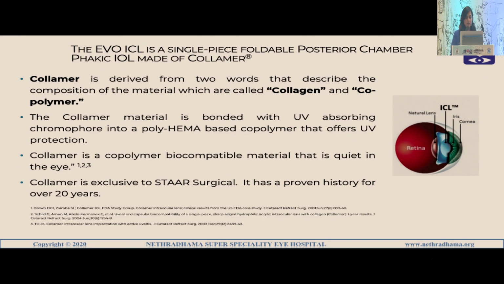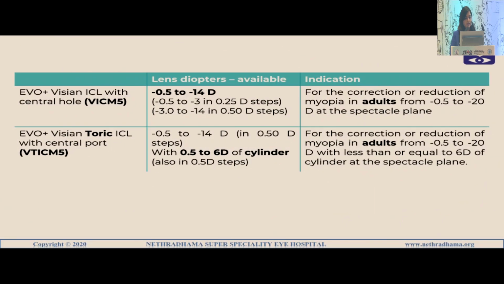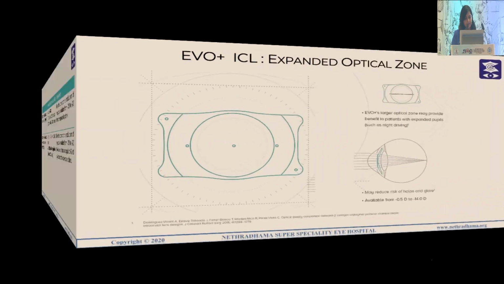As you all know, the ICL is made up of a collamer material, collagen and copolymer, bonded with a UV absorbing chromophore, and it's a biocompatible material that's quiet in the eye. It comes in powers from minus 0.5 to minus 14 diopters, and corrects astigmatism of up to 6 diopters of cylinder.